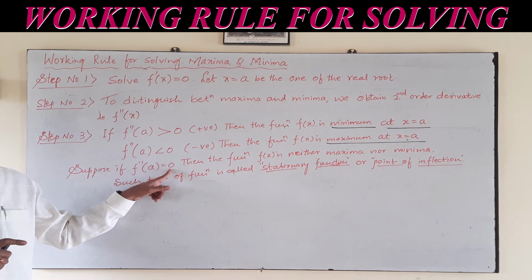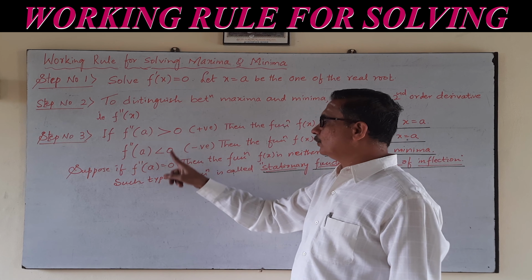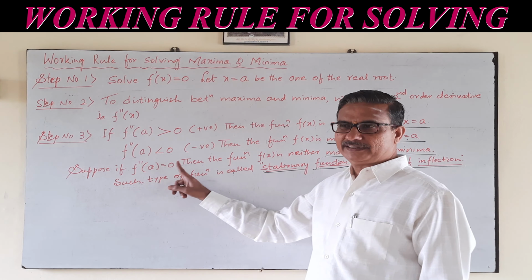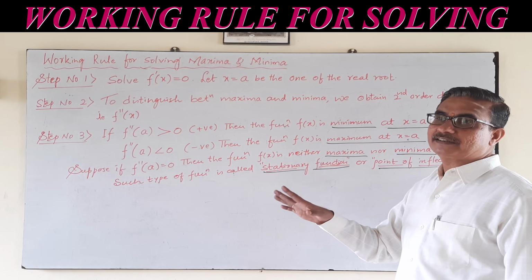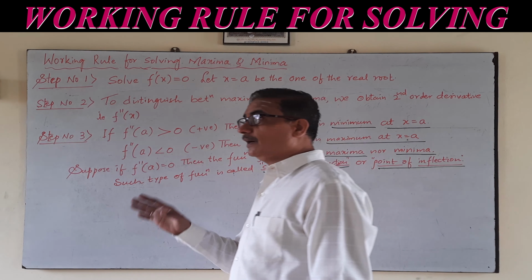If asked to show that the function f of x is stationary, we should prove that the second order derivative at x equal to a must be exactly 0. Then the function f of x is neither maxima nor minima. Such a function is known as a stationary function, or another name is point of inflection.